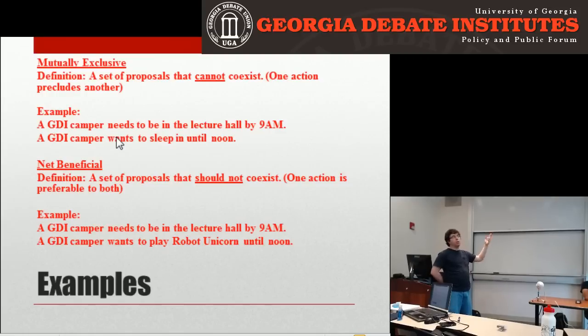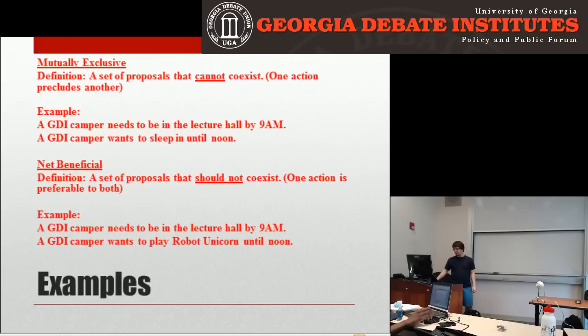So they're not mutually exclusive, but if you go to the lecture hall, you might not be fully focused on Robot Unicorn, or you might not be fully focused on the lecture, right? So there are net benefits to those two things, but they're not necessarily mutually exclusive because you can combine those two actions.